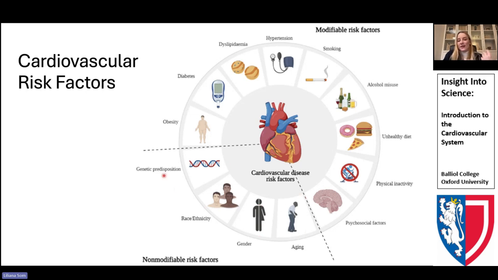So yes, these are things you can't really do anything about, but there are a lot you can do something about. Obesity, diabetes, smoking, alcohol use, diet, exercise. These are all things that contribute massively to coronary and cardiovascular disease development. And this is the first step for prevention.